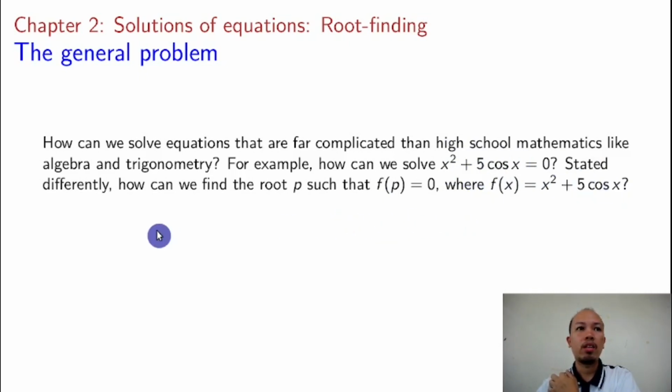Stated differently, how can we find the root p such that f of p is equal to 0, where f of x is equal to x squared plus 5 cosine x? They are actually equivalent. If in this form you are going to solve for x so that this equation becomes true, it's the same as finding the root p such that f of p is equal to 0, where f of x is equal to this.